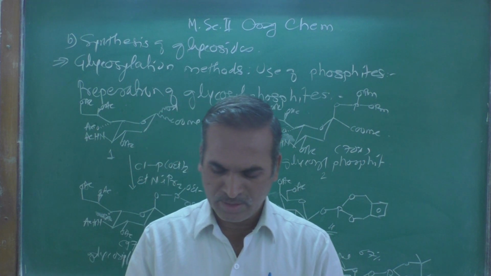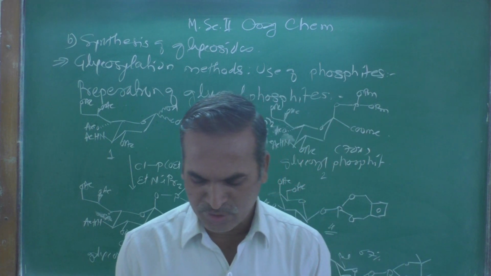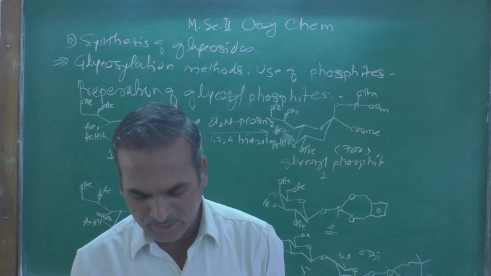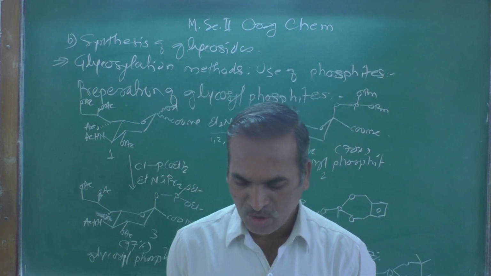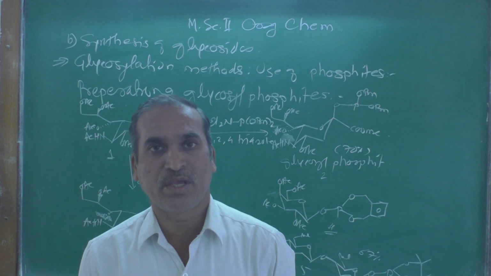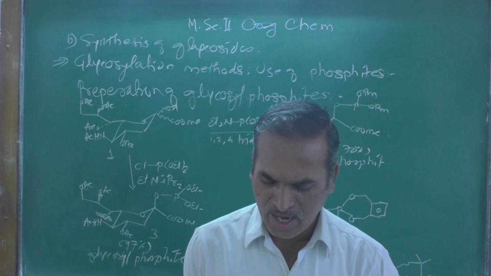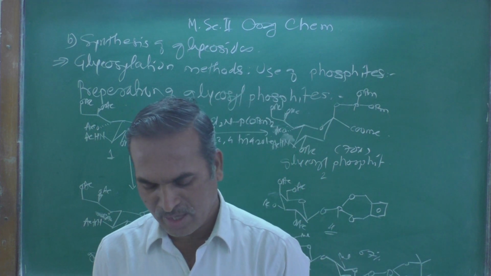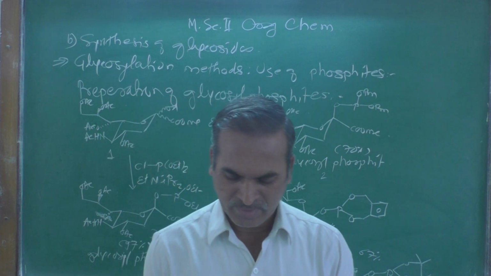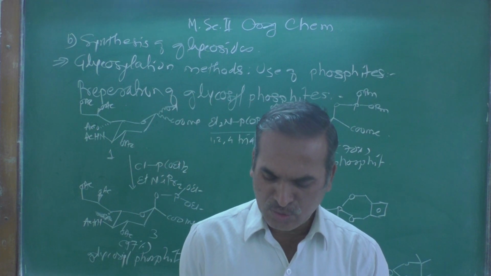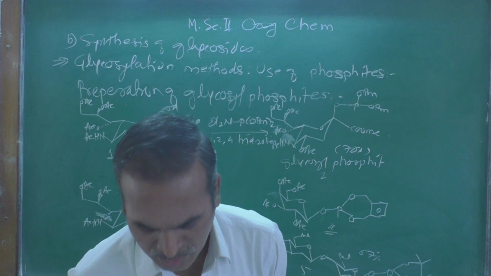For example, a mixture of galactosyl phosphate with an alpha to beta ratio of 90:10 was obtained from 2,3,4,6-tetra-O-benzyl galactopyranose with an alpha to beta ratio of 90:10.